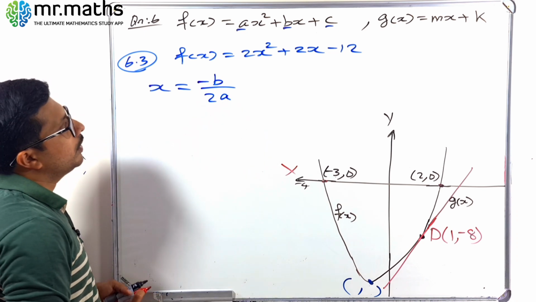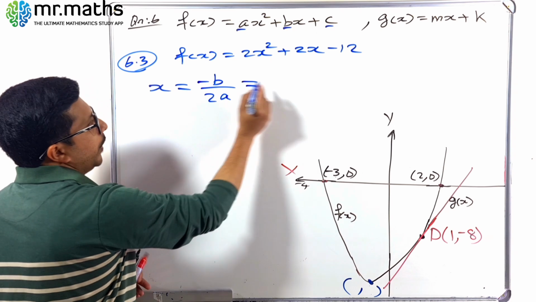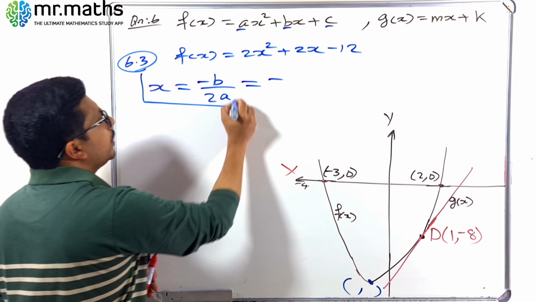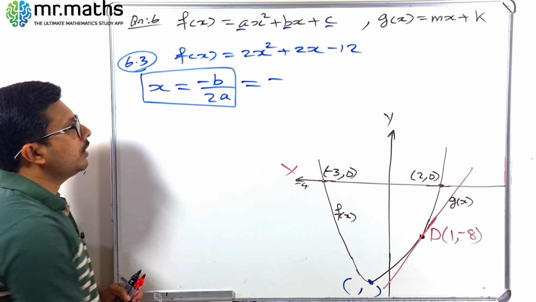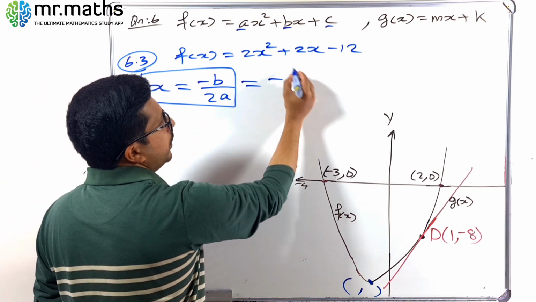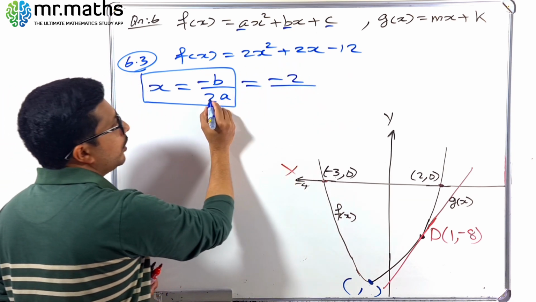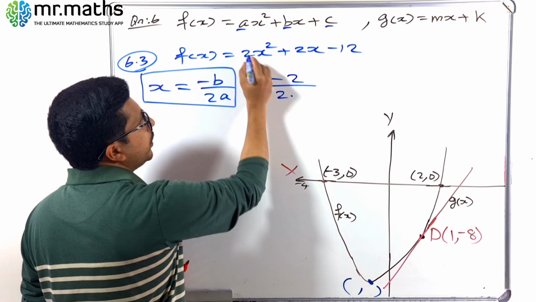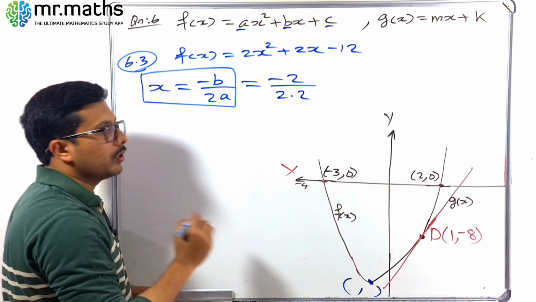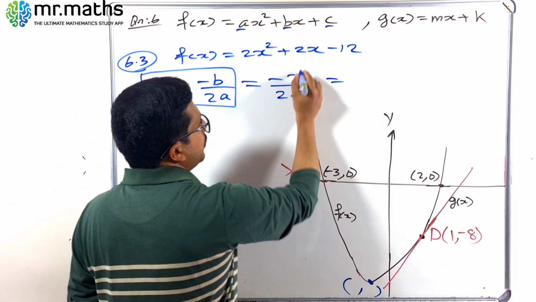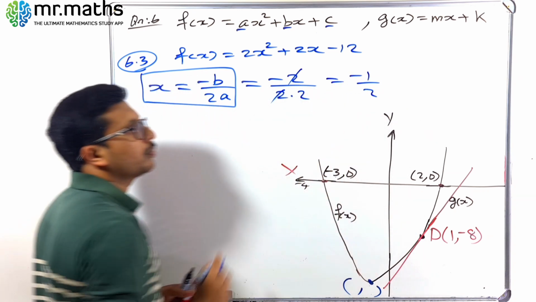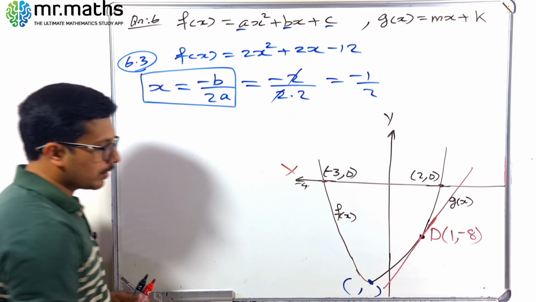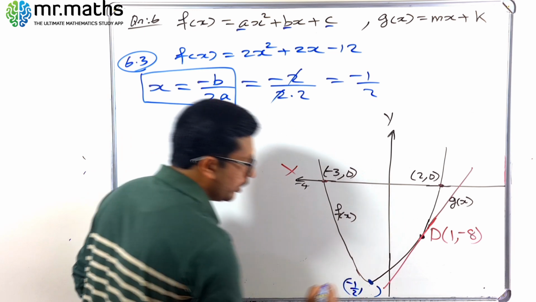This is the formula that we can use to find the x value of the turning point. So it is minus, what is b? 2, divided by 2 into a. 2 into a is 2. So it is minus, this 2 and 2 cancel, so it is minus 1 over 2. So the x value is minus 1 over 2.